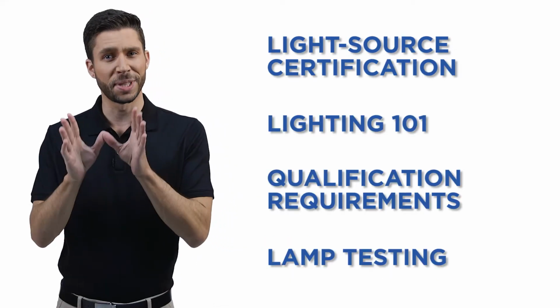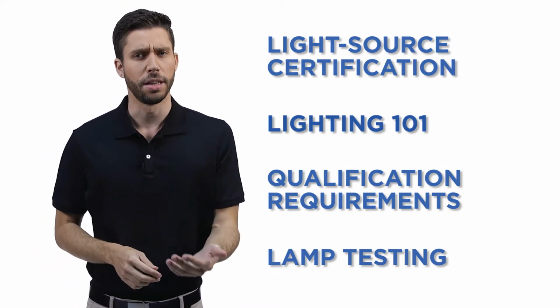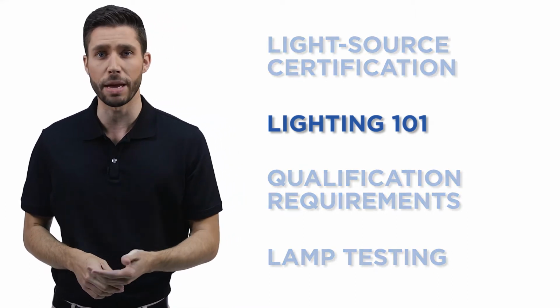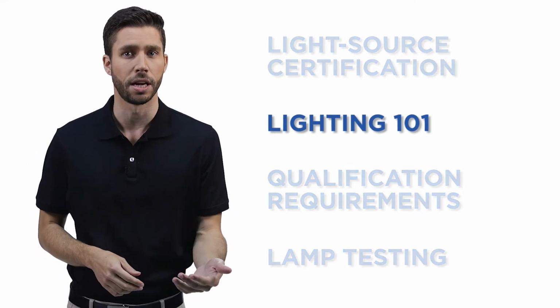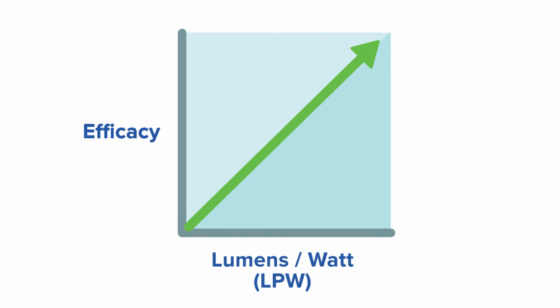Before we dive into the specific qualification requirements for high efficacy light sources, let's go over a few lighting terms so we can better understand the characteristics of a luminaire and the lighting concepts involved. Starting off, let's define efficacy. Efficacy indicates how much light is produced by a lamp or lighting system per unit of electrical power it consumes. It is measured in lumens per watt, or LPW.